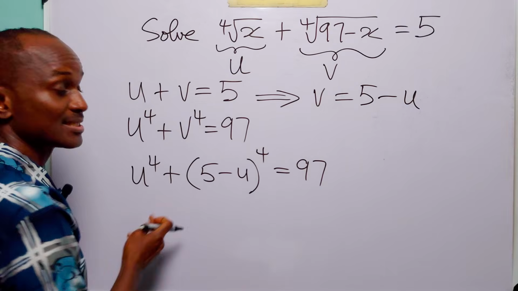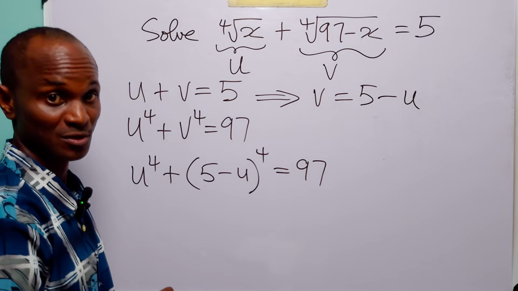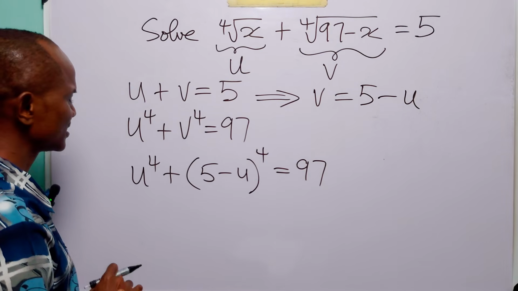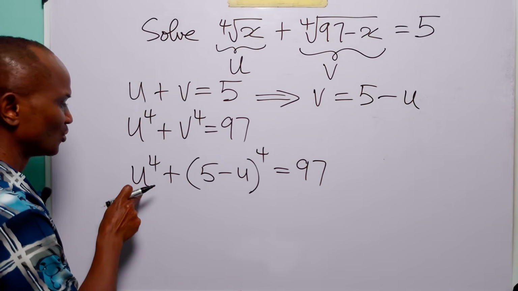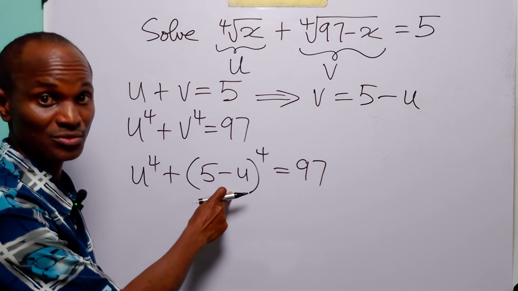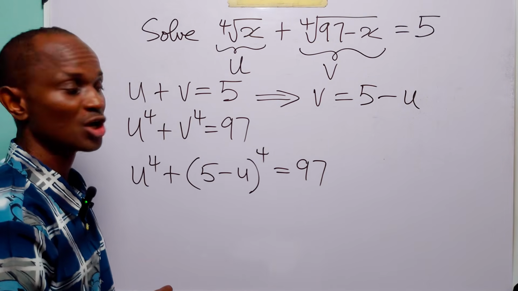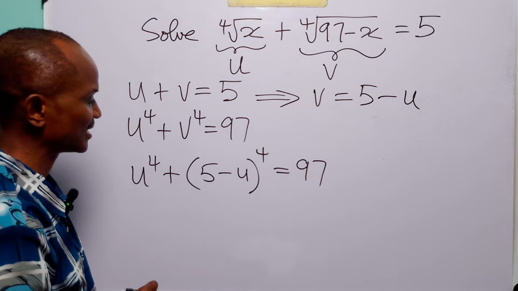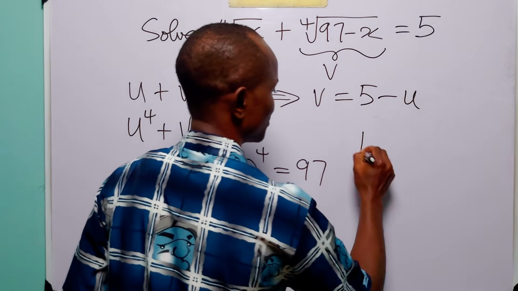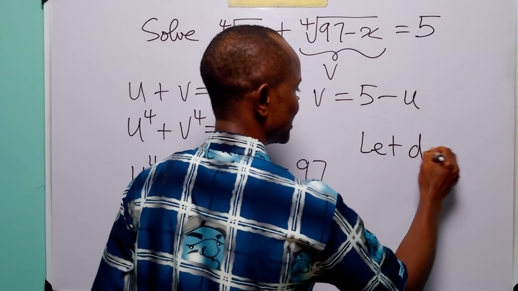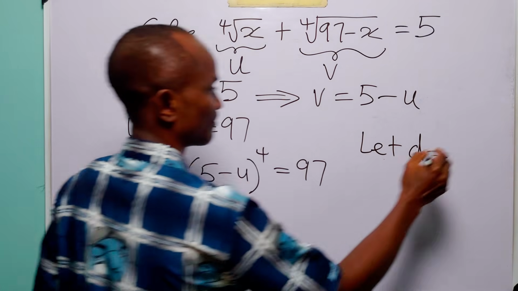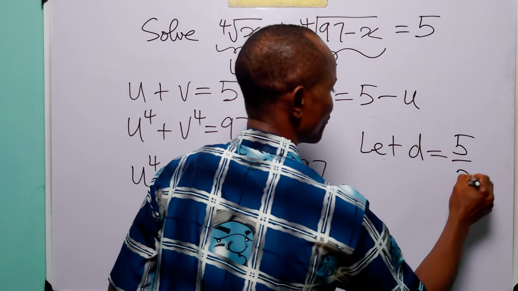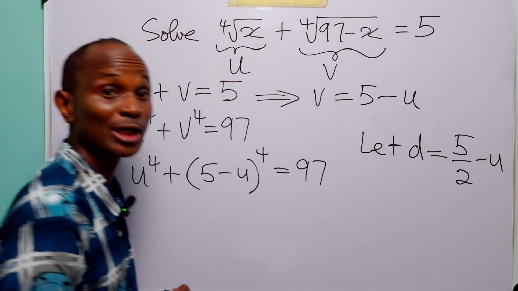Now, to simplify this equation, we are going to do one more substitution. Notice that the distance between u and 5 minus u is 5 points. So to introduce symmetry into this equation and simplify the equation, we are going to let d be equal to 5 over 2 minus u.